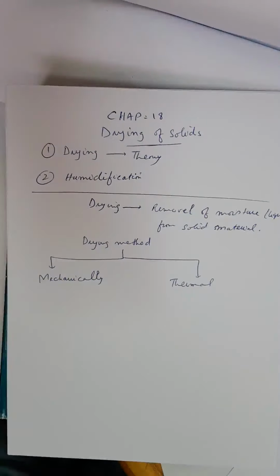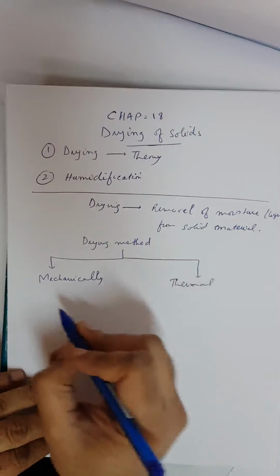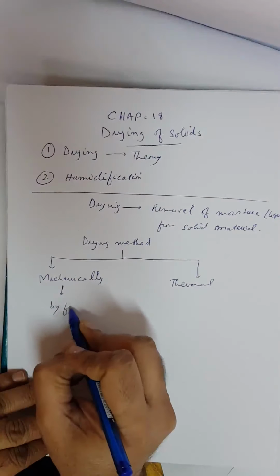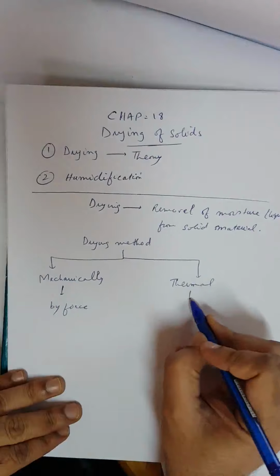Mechanically, you know already how to: we just need to squeeze the thing, and the moisture will go out. In case of thermal, we need to provide the heat, by force and by heat.